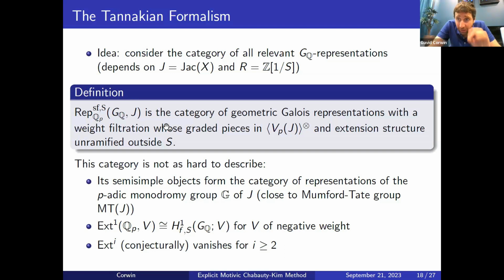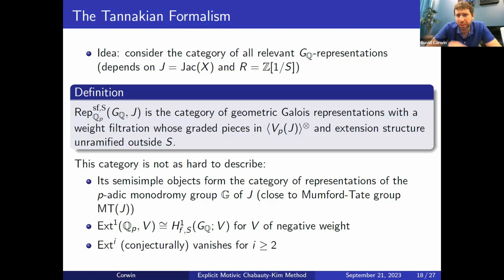So it turns out that this category is not actually all that difficult to describe. So its semi-simple objects, first of all, are basically going to be the Tannakian category generated by the Tate module of J. And so its Tannakian Galois group is just what's known as the p-adic monodromy group of J, which I call bold G. And the p-adic monodromy group is literally the Zariski closure in GL of the Tate module of the image of Galois.